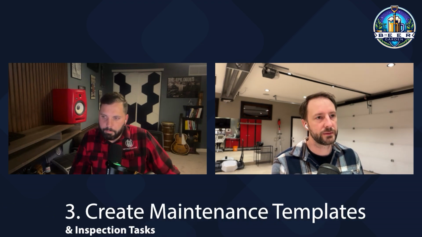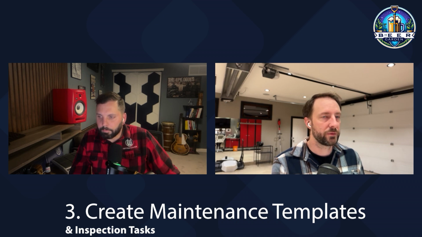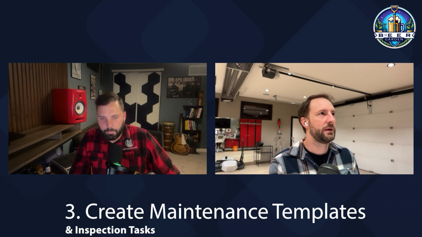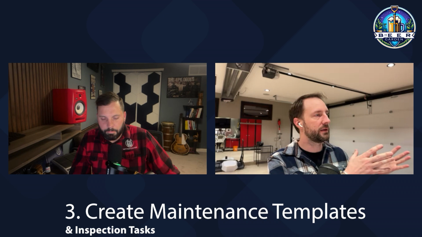Then after you have all of that in there, you are going to want to create your preventative maintenance templates and your inspection templates. So preventative maintenance just means, like we've all seen in vehicles before, where we have to get our oil changed every 5,000, 8,000 kilometers.